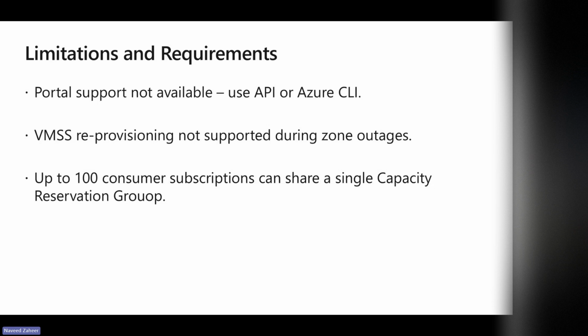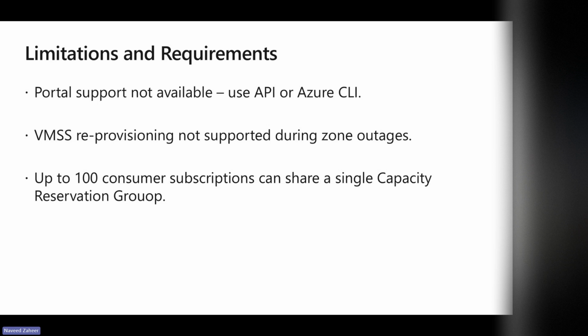Number two, portal support for creation of the CRG is not there at this moment, or sharing of the CRG is not there. But later on, when you're deploying a VM, you can deploy it to a CRG, like a capacity reservation group or shared CRG.